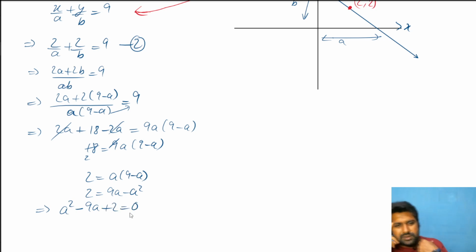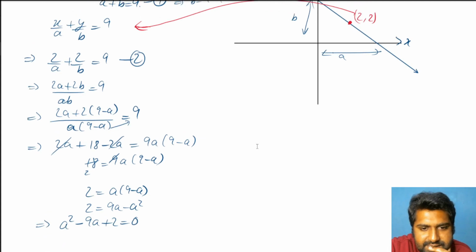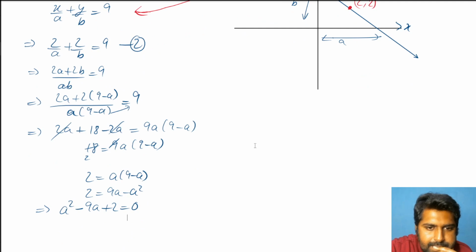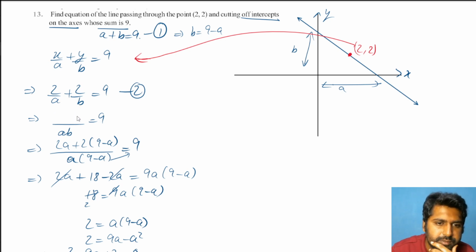Very weird. I think we made some sort of mistake here. Let me check. (2, 2) was there, sum was 9, a plus b is 9, b is 9 minus a, so correct. x by a, y by b, 2a 2b, 2b 2a, same thing. Like it should be 2b plus 2a, but it won't make a difference because addition was there.